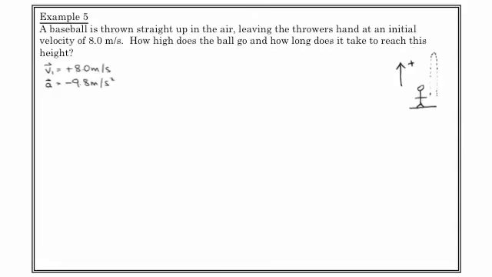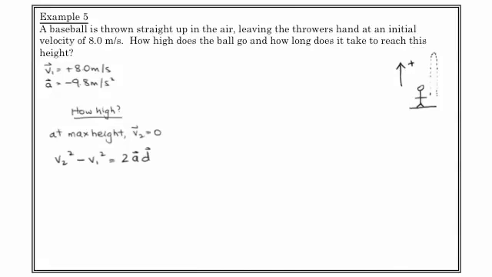And that should be a pretty standard review question. Most of you should be saying, oh, well, at its maximum height, its velocity in the y direction is 0. So if we want to say how high does the ball go, we can say, well, we know at the maximum height we have a velocity of 0. So we can use that to determine the height.